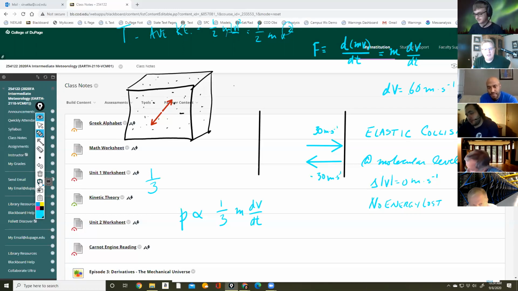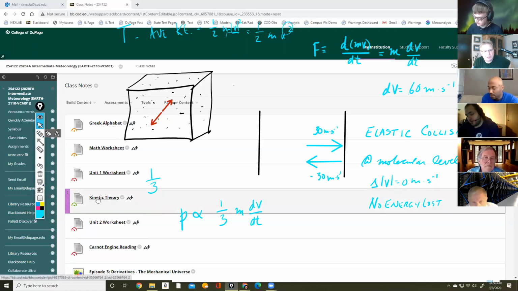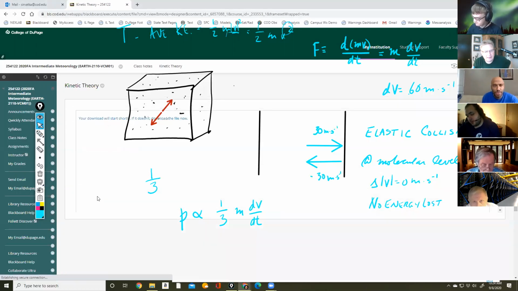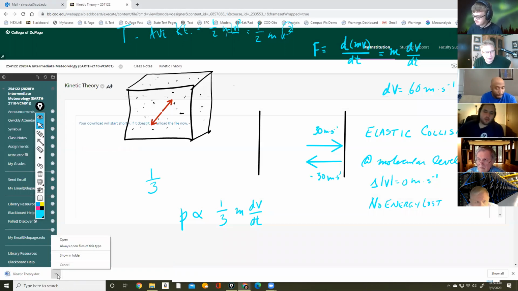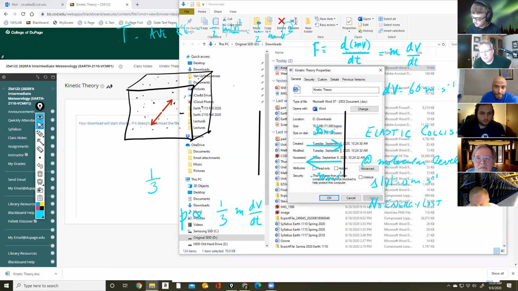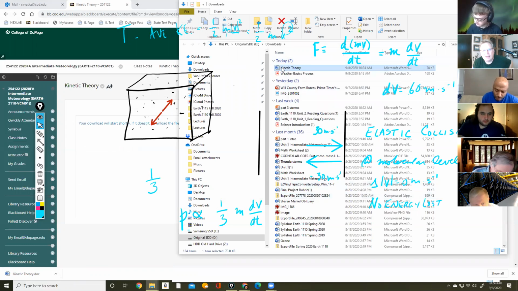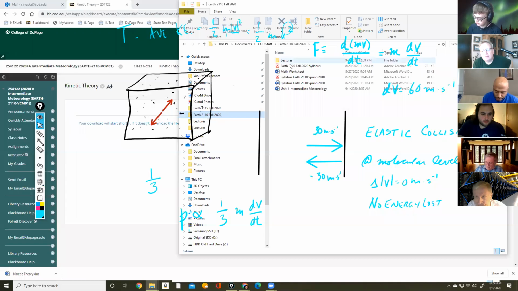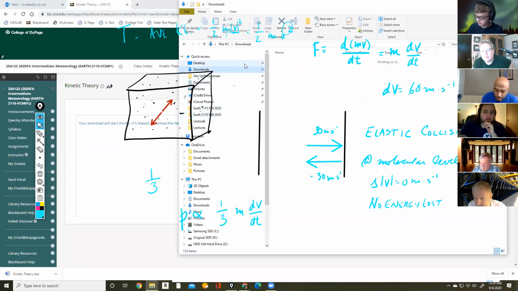Now, on these worksheets here, I have the kinetic theory worksheet. So let's go ahead and open that. I'm going to view it in the folder. Do you want to open this file?